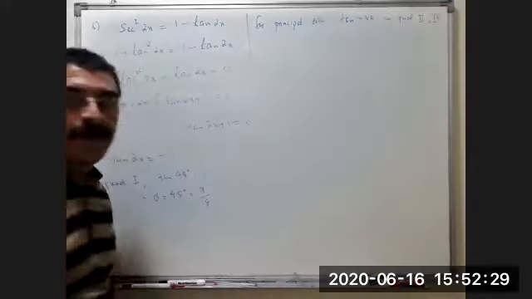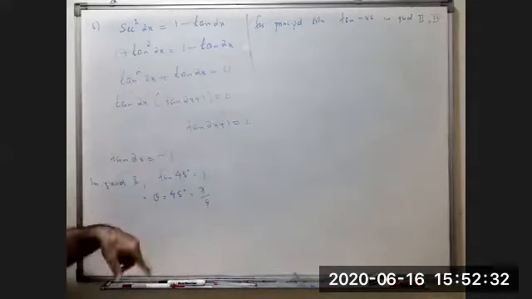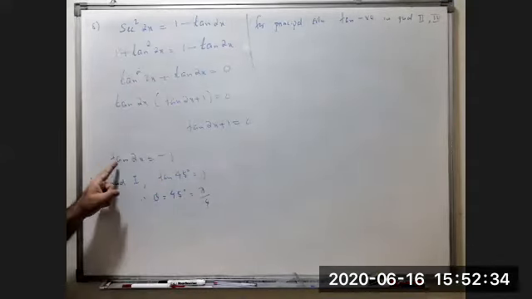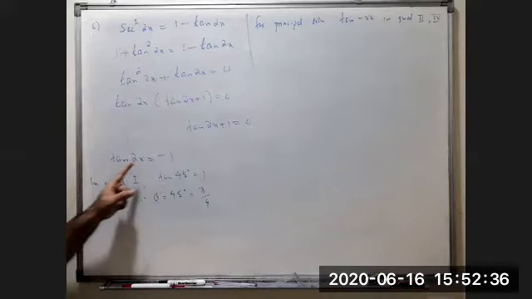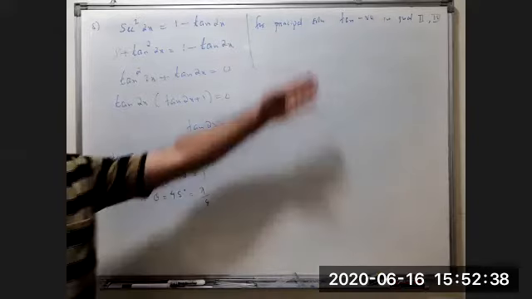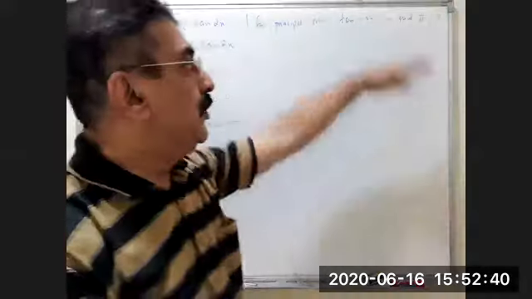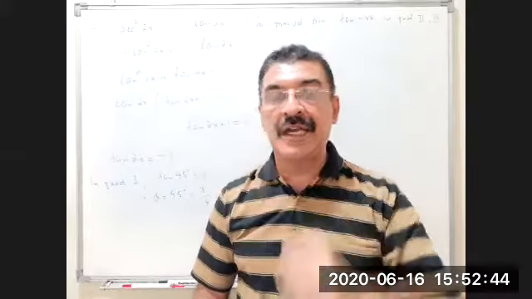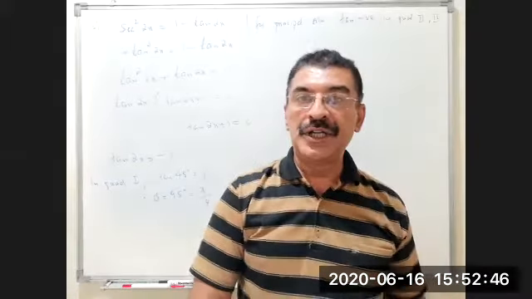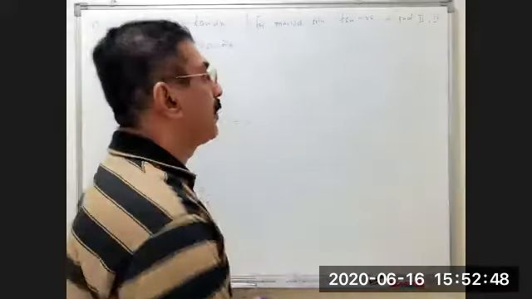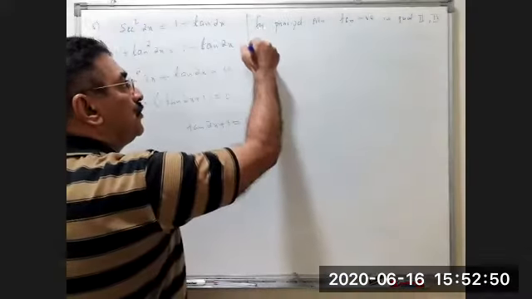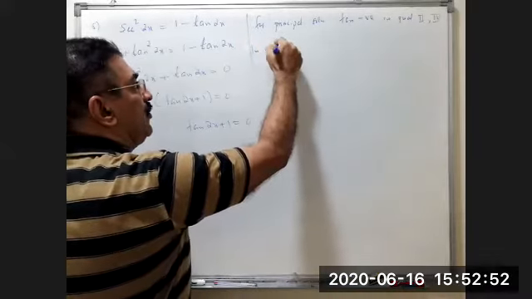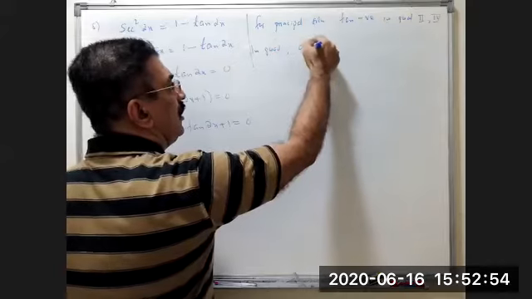Here our given thing is tan is negative. If tan is negative, the principal solution will be in quadrant 2 and 4, because in quadrant 1 and 3 tan is positive. In quadrant 2 and 4 tan is negative. In quadrant 2, our principal solution, we name it as alpha.